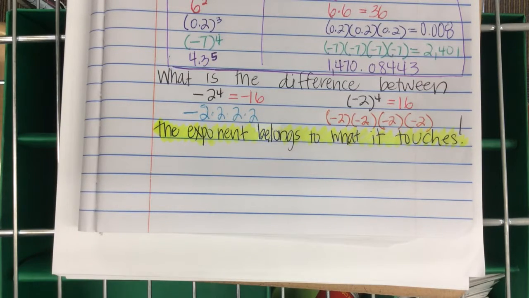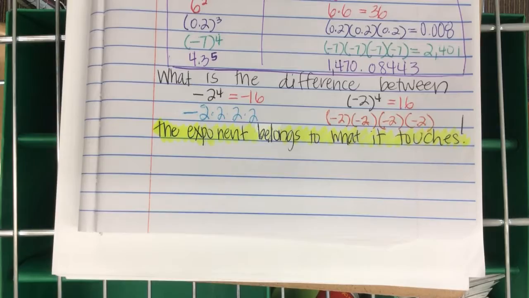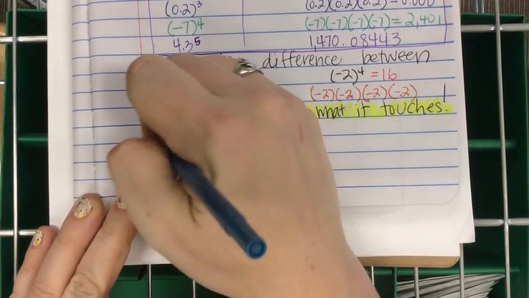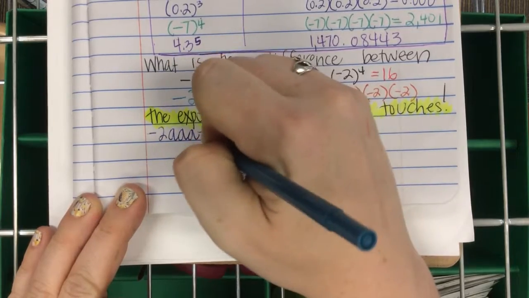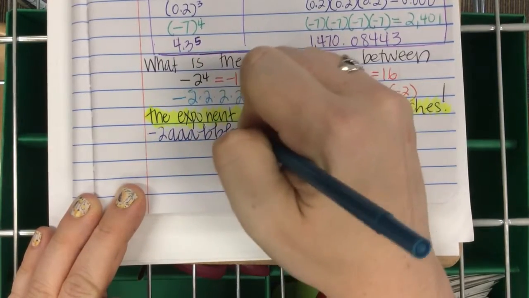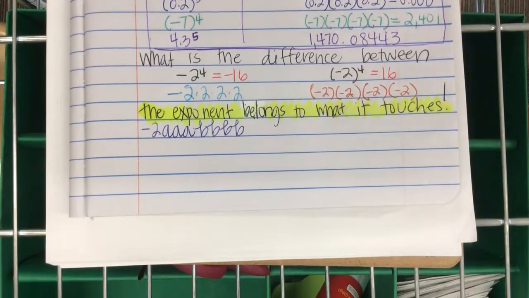Let's try a little bit more review information. If I gave you a problem, negative 2a, b, b, b, b, is there something that you could do with this involving exponents?